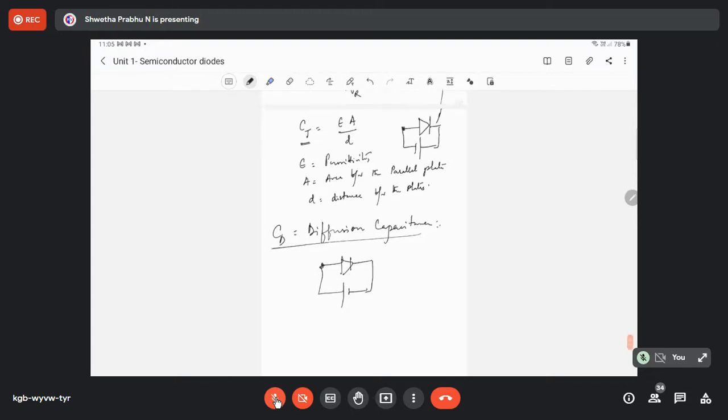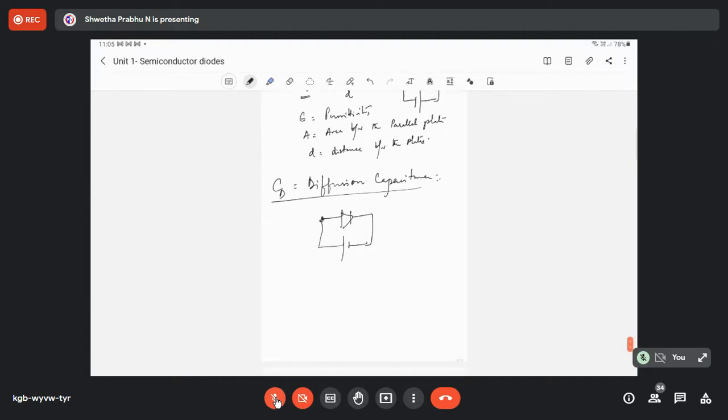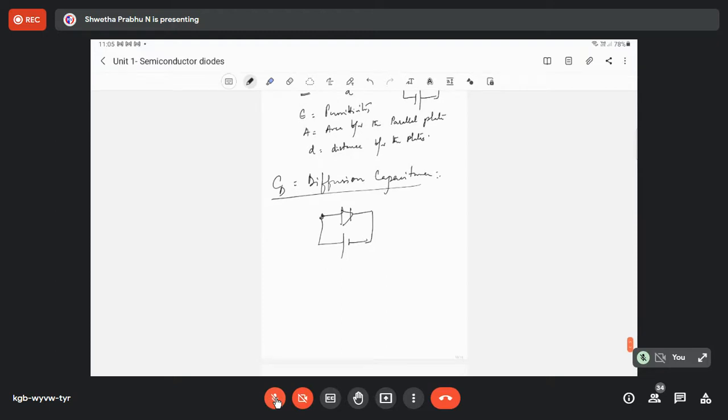What happens to the depletion region? It becomes thinner. As the width of the depletion region decreases, more and more charge carriers flow through the circuit. For diffusion capacitance, the equation is CD equals dQ divided by dV.